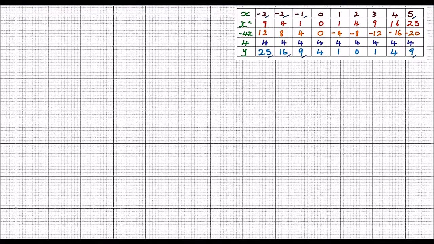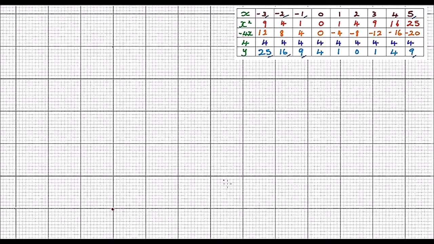So this is our graph paper. We have the grid. We have the table that we have discussed before. So we have the values of x and the values of y. The first thing is to draw the xy axis. So this will be our starting point.